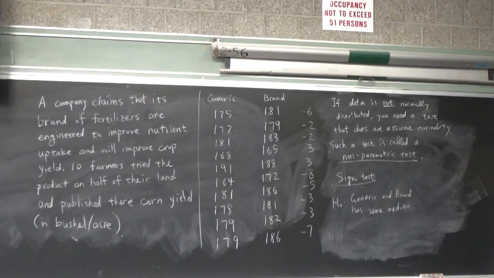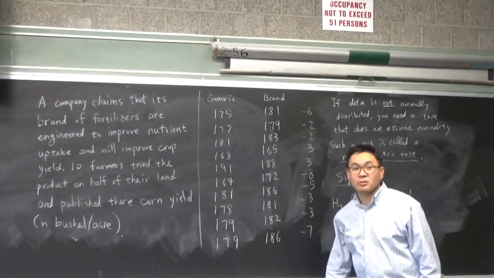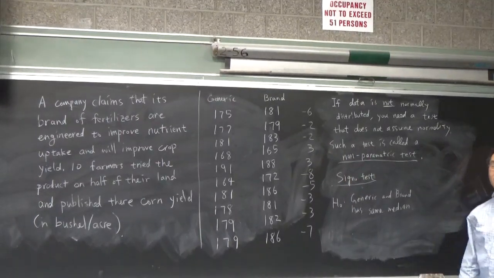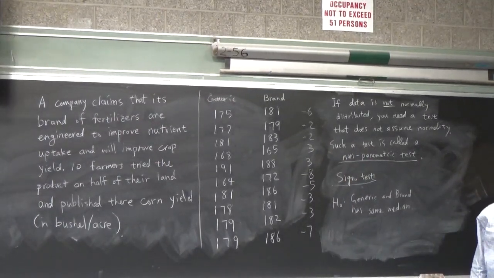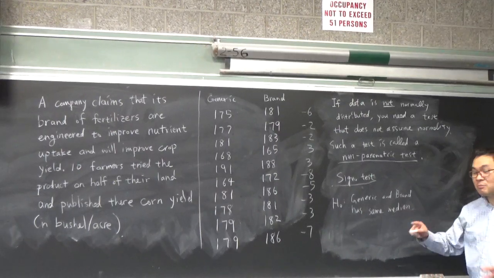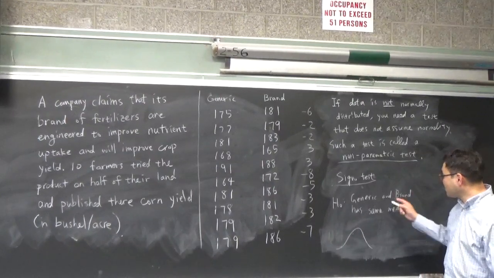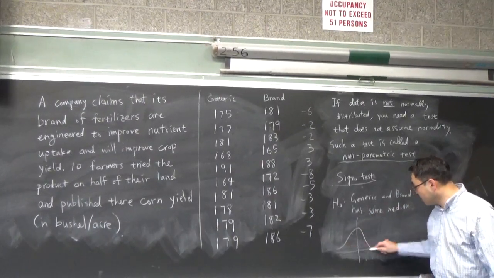Then, if you look at whether it's a minus or plus, what would you expect? You would have about the same number of positive and negatives, don't you think? Right? Because if they have the same median, or if they're from the same sample that has the same median, right?